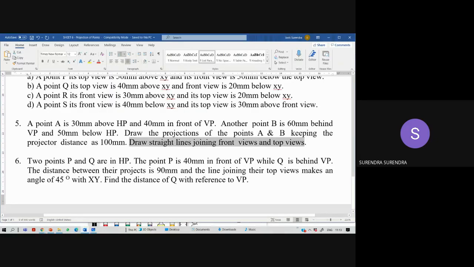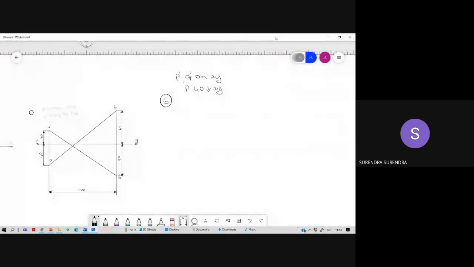Point Q is behind VP. Behind VP means the top view is above the XY line. But here if you observe, the distance is not given. Q is behind VP, but at what distance is not represented. So we will also write in the same way: top view of point Q is above the XY line.